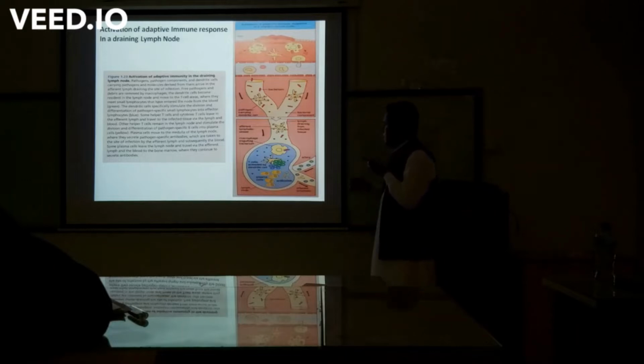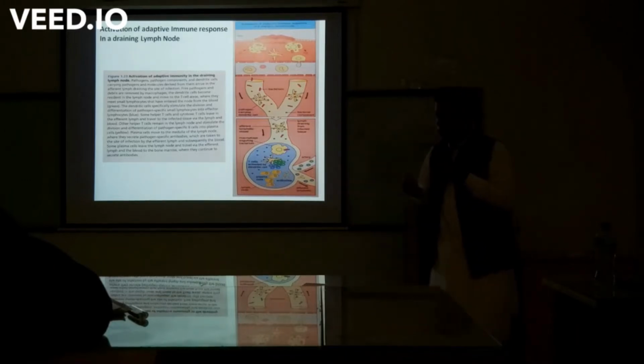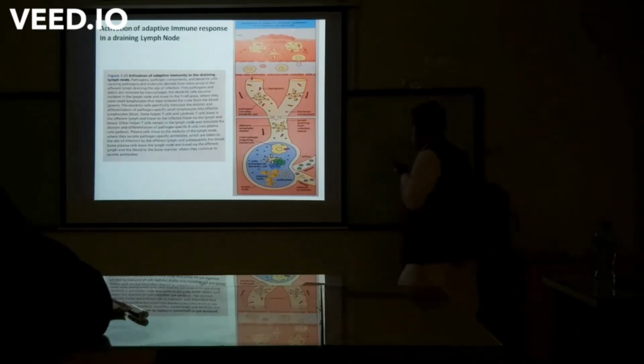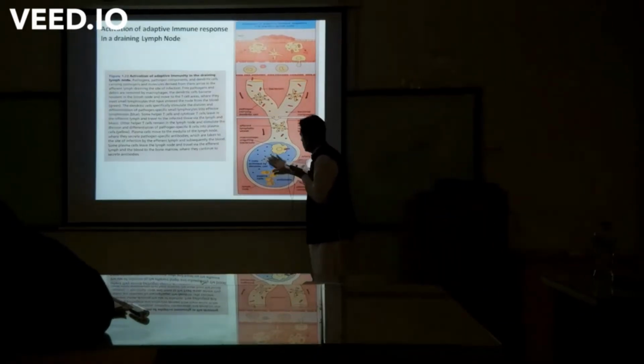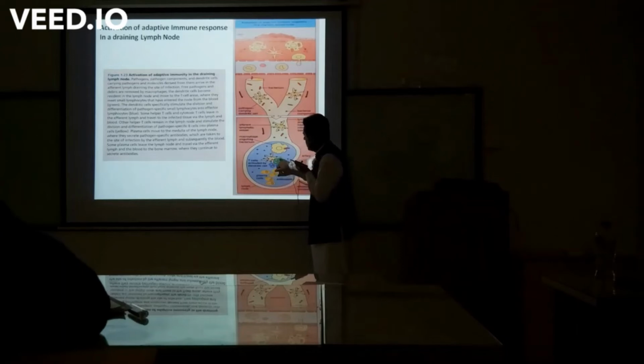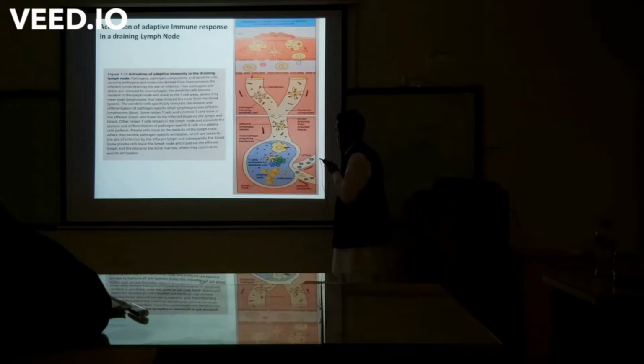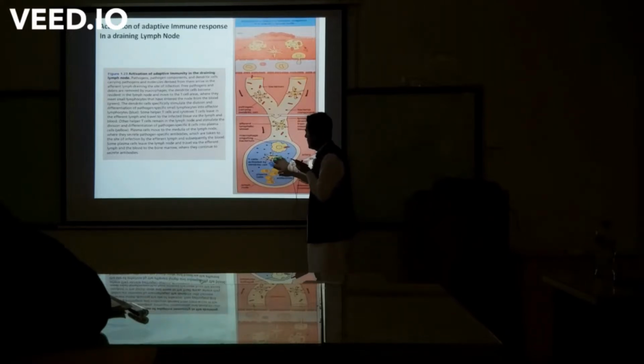And as there are millions of these cells right here in this lymph node, if this pathogen is recognized by a B cell receptor or a T cell receptor, then these cells are going to become effector cells in the form of plasma cells or in the form of memory cells.